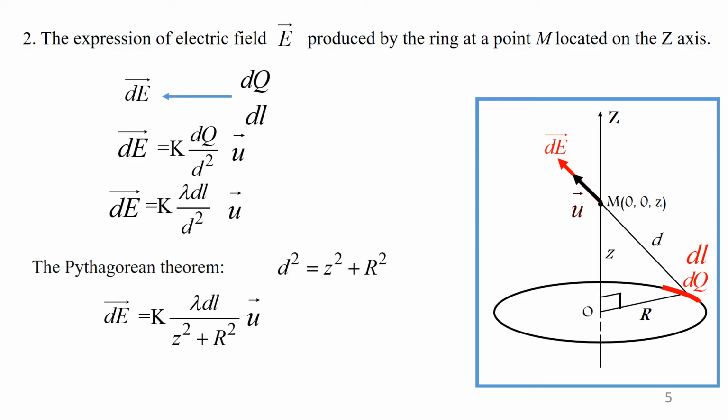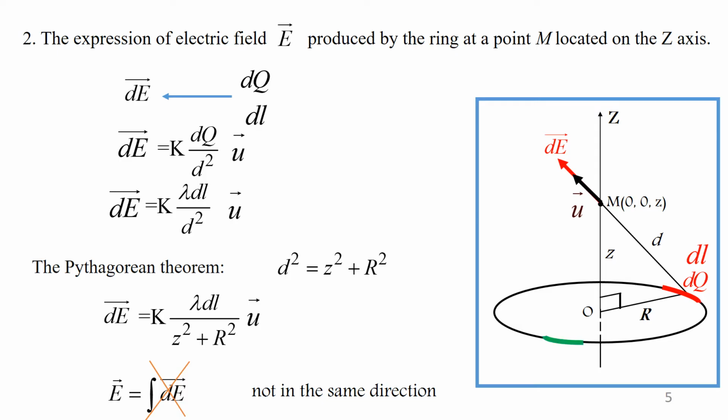As previously said, here we need to make a continuous summation, which is an integral. I would have liked to do an integral to find E total, but it's forbidden. Unfortunately, I can't do it because the dE produced by each dq of the ring are not in the same direction.